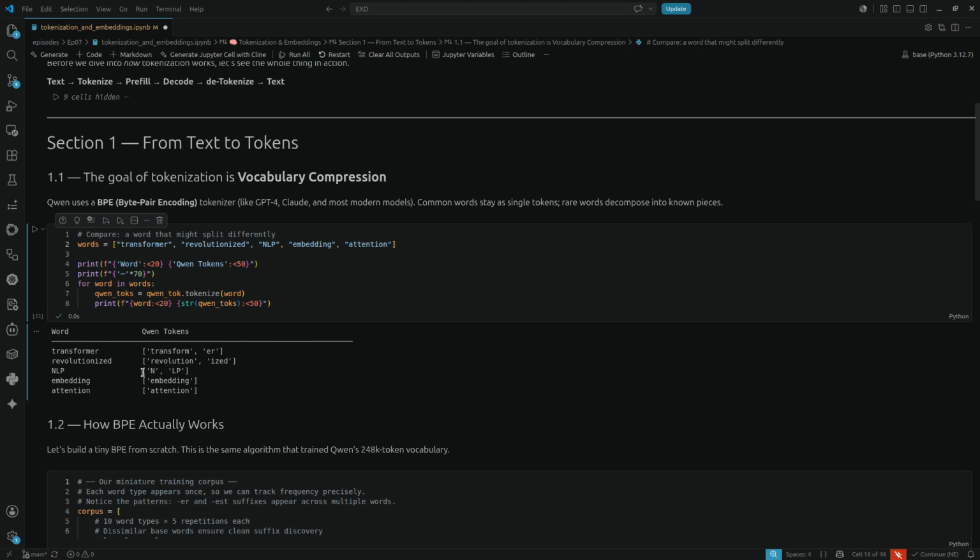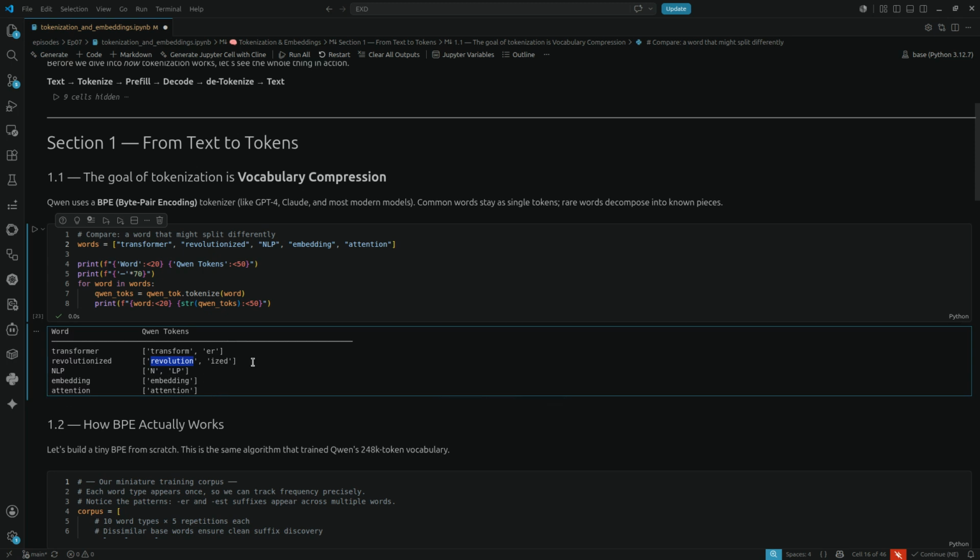Okay, this is interesting. Transformer gets split into two tokens, transform and er. Revolutionized gets transformed into revolution and ized. NLP, which could be one of millions of acronyms, is N and LP. But embedding and attention get their own tokens.